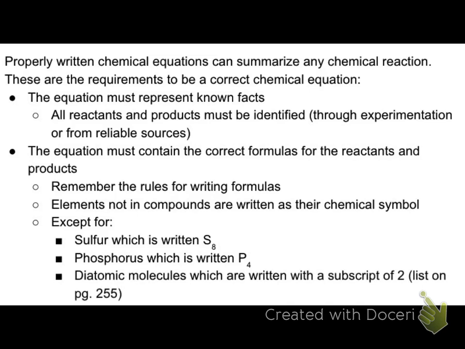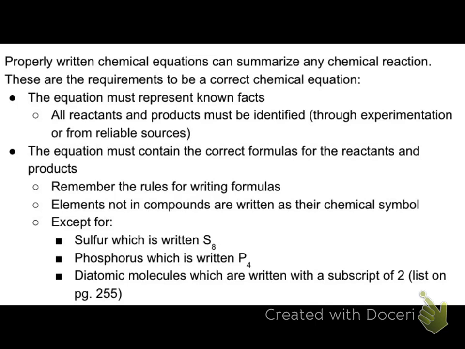So you'll remember we've talked about some diatomic molecules such as oxygen gas, where oxygen tends to exist as 2 oxygen atoms bonded together and not just one solitary oxygen atom floating around. So we would write it as O2 instead of just O by itself. There is a list on page 255 of your textbook that will give you the common diatomic molecules. Okay, and I will read a couple of them off for you, but this list is available on page 255.